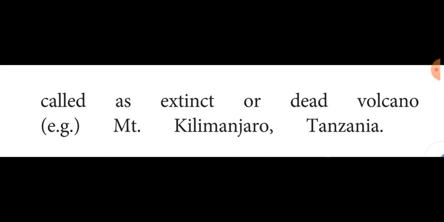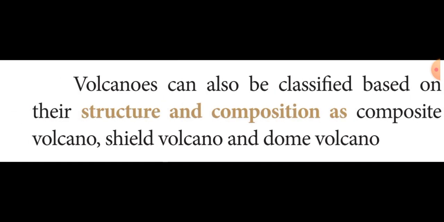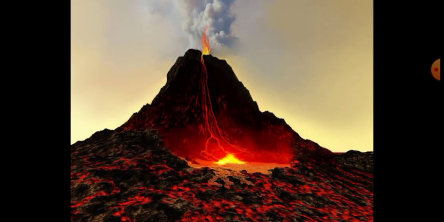Then on the basis of the structure and composition, the volcanoes are classified into three. What are they? Do you remember, students? Very good. Composite volcano, shield volcano and dome volcano. Composite volcano is otherwise called strata volcano. It has a conical shape.